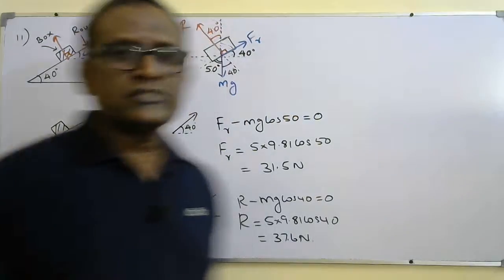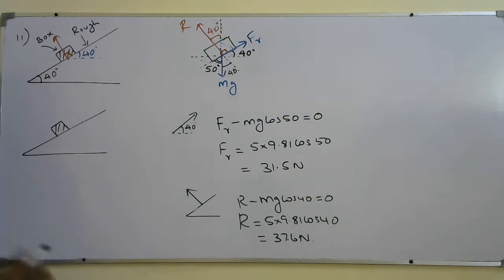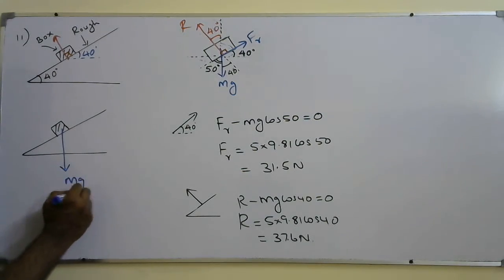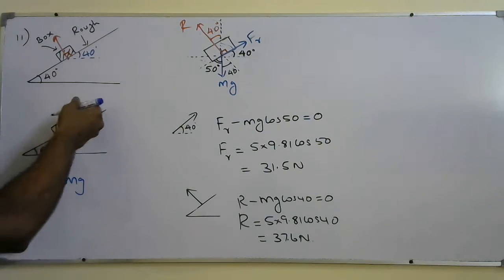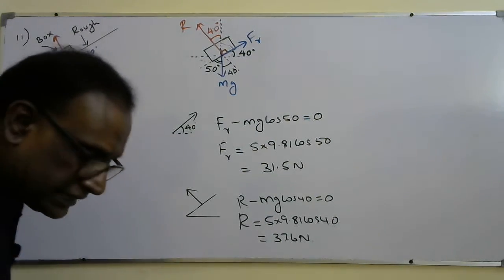The weight of the object will act vertically downwards. This is theta. The component of the weight along the plane downward will be mg sine theta.